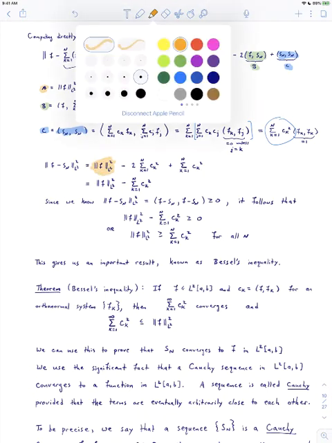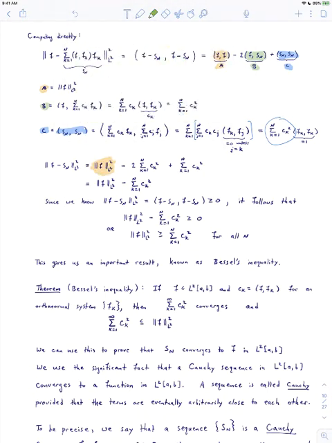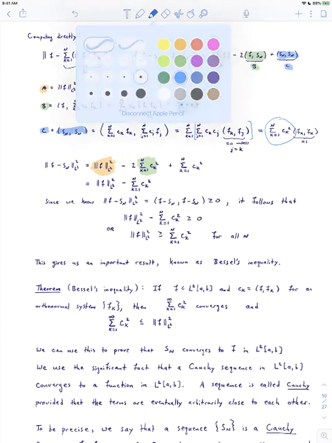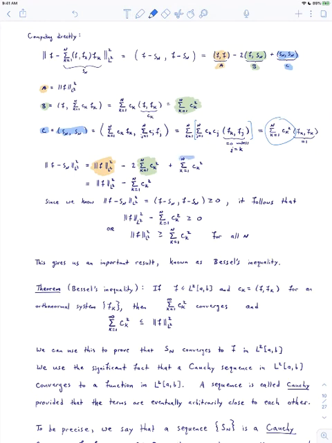Minus 2 times B, which we just showed. This one is B, so that's right there. Don't forget the minus 2 term, which is right there. And then finally, we have C, which is right here. Okay. So we have the norm of f squared minus 2 times the sum of ck squareds plus 1 sum of ck squareds. So minus 2 plus 1 just gives you a minus 1.